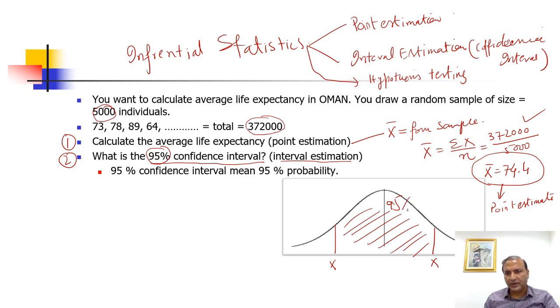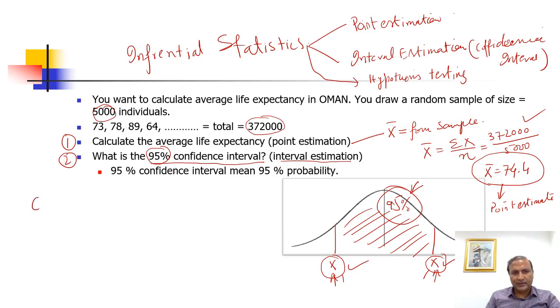The probability is given and you have to find the x values. So you can understand that finding the confidence interval is the reverse process. In finding the probability, you are given the x values and you have to find the probability. But in the confidence interval, you are given the probability and you have to find the x values. So you have to do the reverse process.